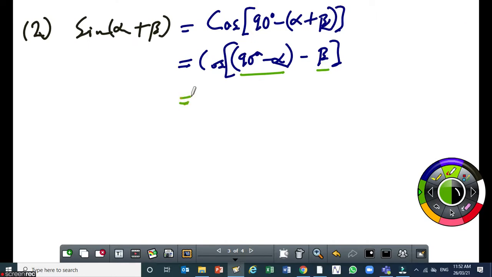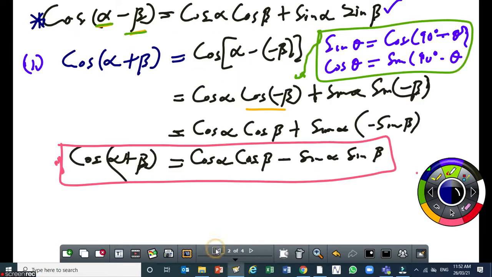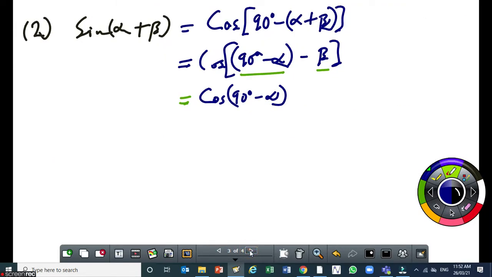I write cos 90 minus alpha. Then this cos beta is going to be cos beta. There is a minus here, so I'll put a plus. Then I'll write sine 90 minus alpha, times sine beta. Then I have to simplify this now.